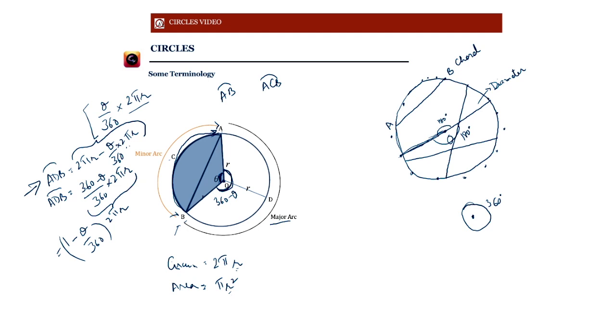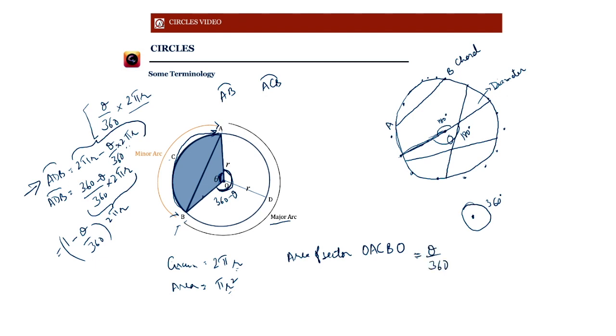I know that the central angle of a circle is 360 degrees, whereas the angle of this sector is nothing but theta. So then again, the area of sector OACBO, so you know exactly what we're talking about, the entire blue shaded area, will be equal to theta upon 360.